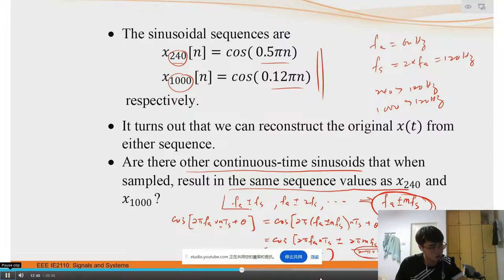And these are called the alias frequencies.